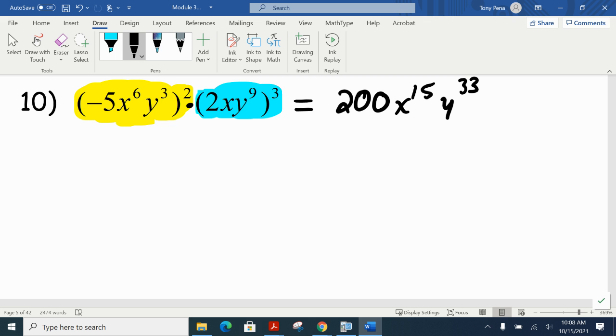You got it, Destiny? Now all your variables, you're really, really close. So -5 squared, then -5.